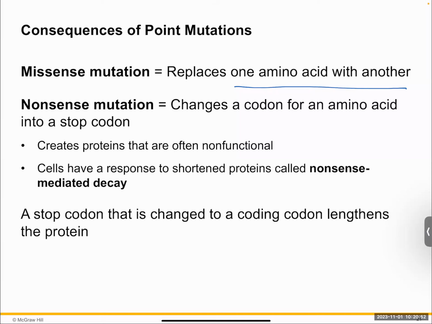Now, cells that do have these nonsense mutations typically mediate what we call nonsense-mediated decay, which basically takes that protein and breaks it down and gets rid of it. Now, the stop codon that is changed to a coding sequence causes the lengthening of the protein.